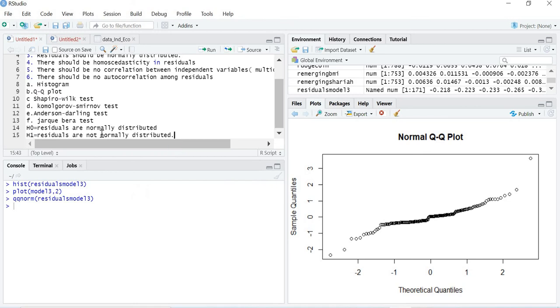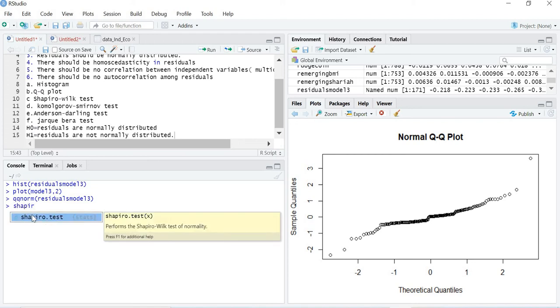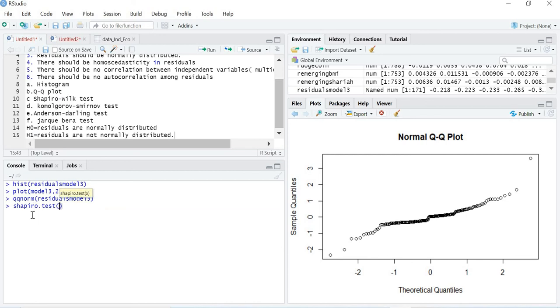So let us check whether our residuals are normally distributed or not. To check with the help of the Shapiro-Wilk test, our command will be shapiro.test and then I am going to write residuals(model 3). Now here is the output.